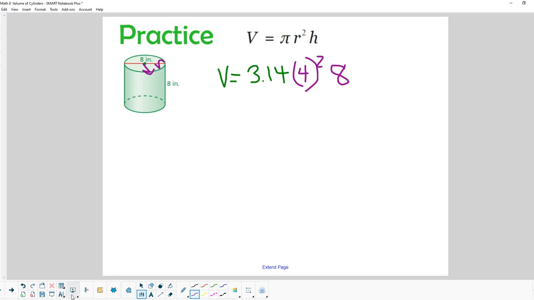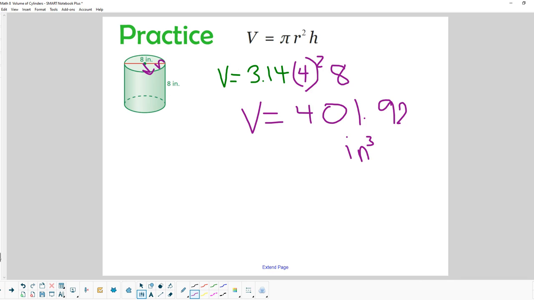So we'll bring in our calculator. 3.14 times 4 squared times 8, and we get 401.92. So volume equals 401.92 inches cubed, or cubic inches.